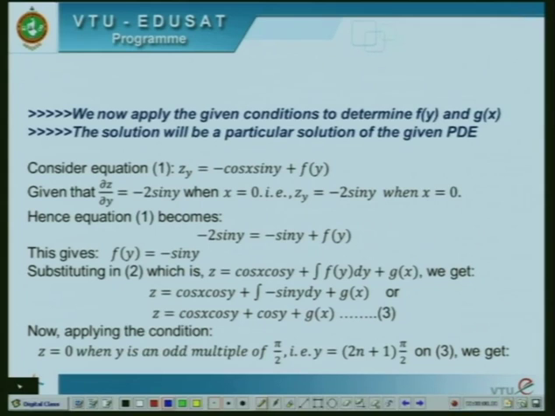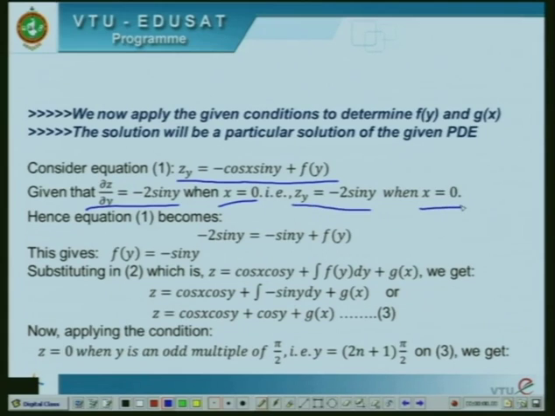Let us recall the following. During the first integration, you obtained z_y equal to minus cos x sin y plus f of y. Apply the first condition, given that ∂z/∂y equal to minus 2 sin y when x is equal to 0. That is, z_y equal to minus 2 sin y when x equal to 0.